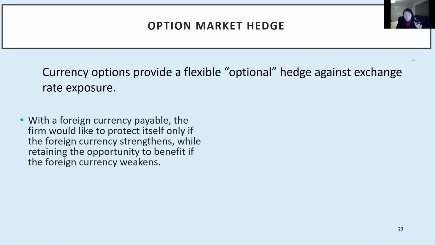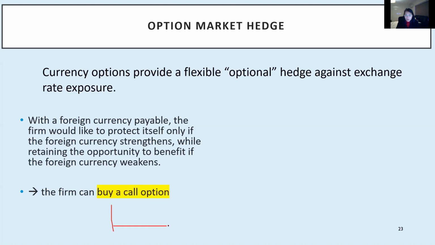But at the same time, you want to be open to the possibility that the foreign currency is going to depreciate in the future, okay? So you do not want to lock yourself in a forward contract. So when you have an account payable and you want to protect yourself against appreciation in foreign currency, you want to enter into a call option, right?